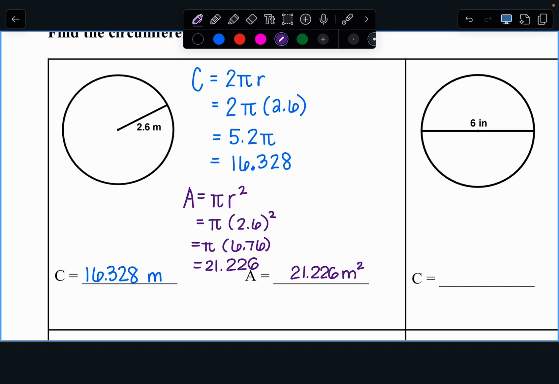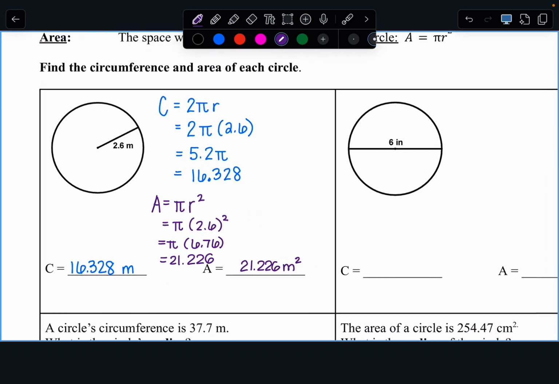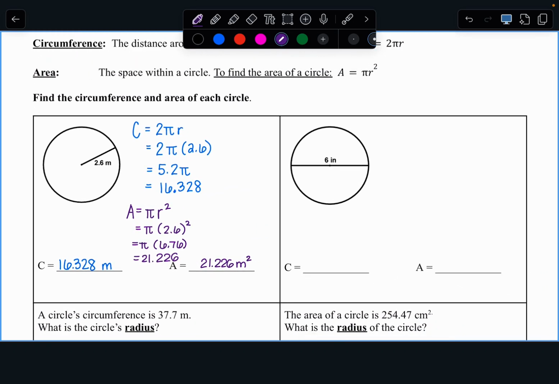So you're following those formulas and plugging in the values that we have. Questions on that first one? Diameter is what is shown in that one on the right. Diameter goes the whole way across.